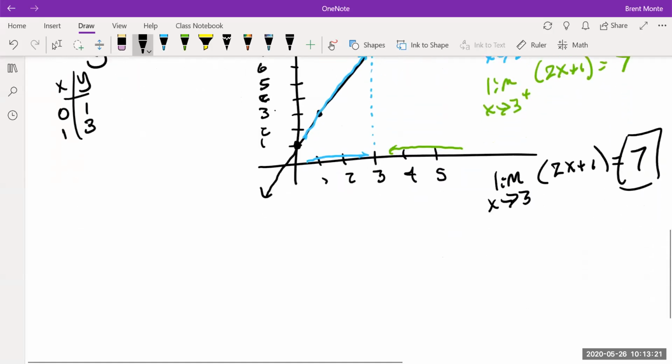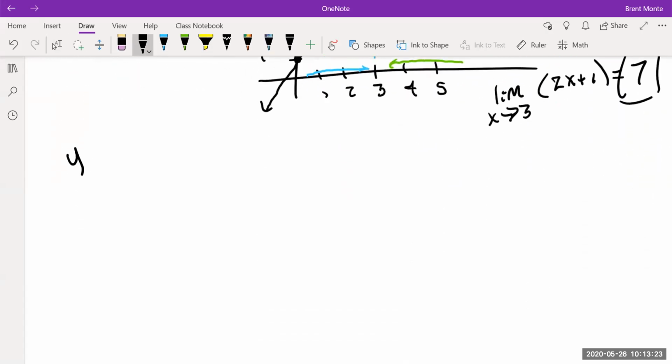So let's draw another one of those. Same curve. y equals 2x plus 1. Well, it's coming from there. But let's say my domain is going to be everything except, so we'll just write here, x not equal to 3.